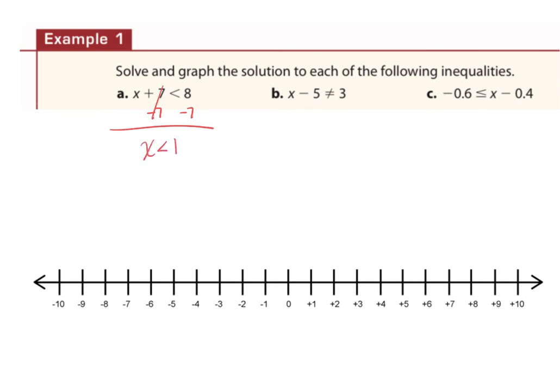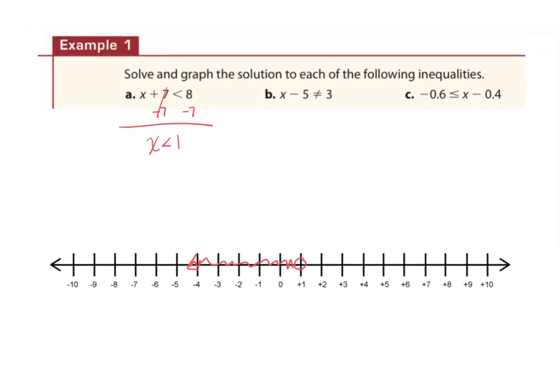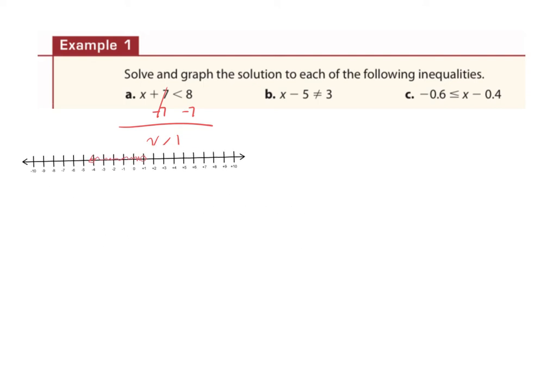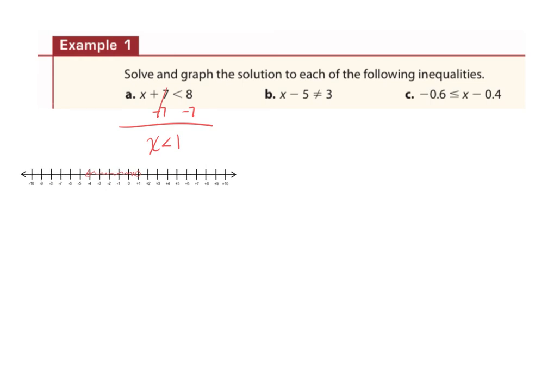The answer to this one is going to be an open circle on 1 because it does not include it. And x is less than, so everything's smaller. That would be my graph here. Look at the next one: x minus 5 is not equal to 3.